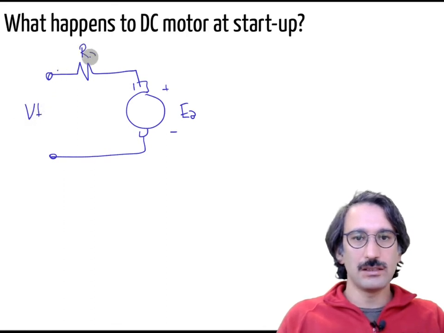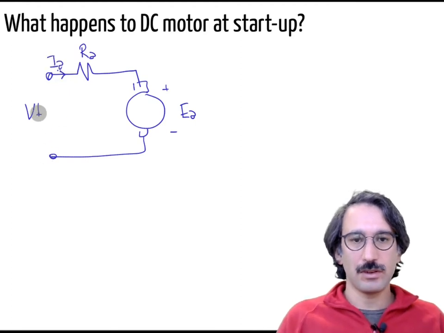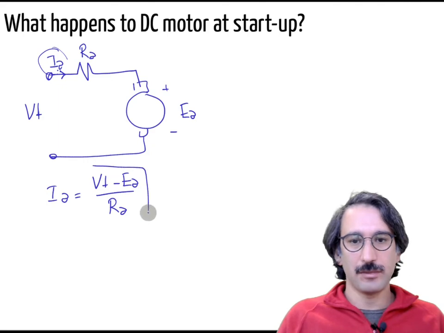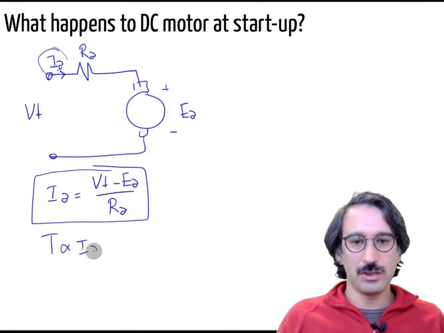This is RA, this is current IA. IA is really easy: VT minus EA divided by RA. Really simple. And I know torque is proportional to the current.